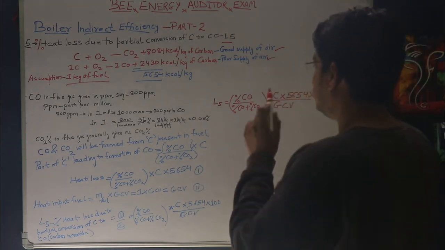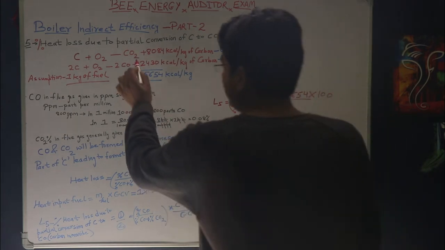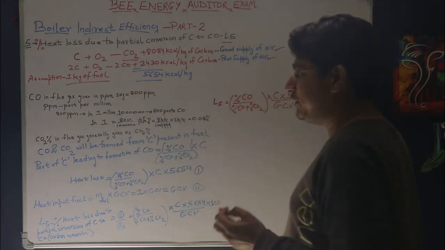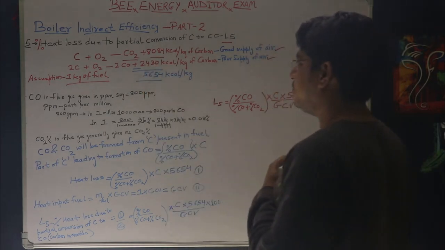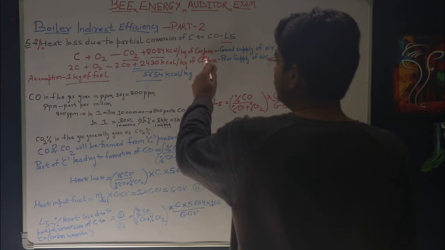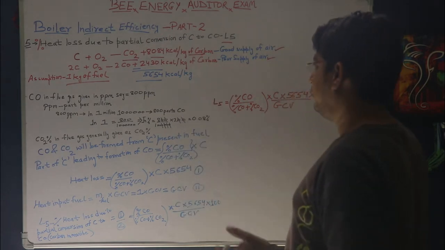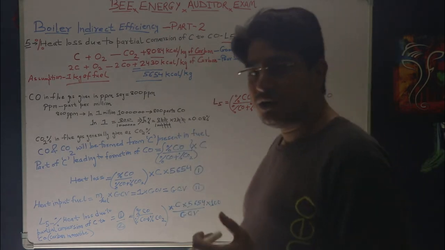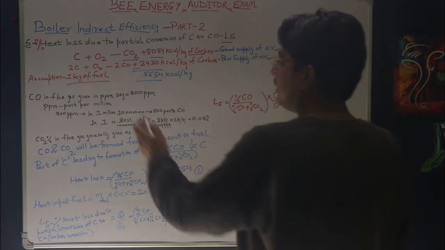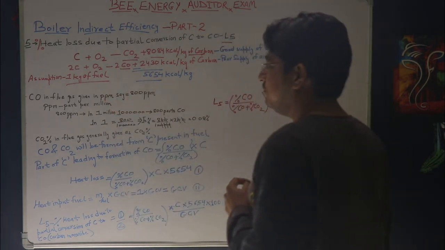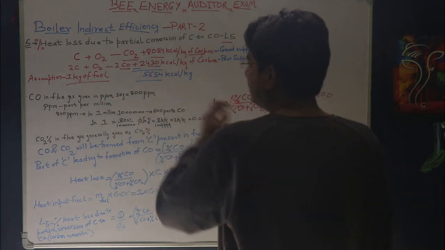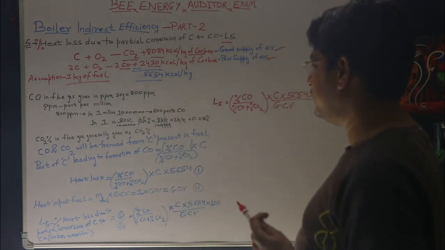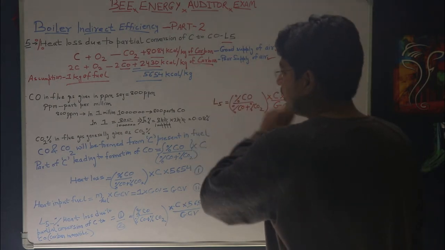In presence of good supply of air, carbon dioxide is getting produced along with the release of 8084 kilocalorie of heat energy per kg of carbon. But when the supply of air is not sufficient, then carbon monoxide will be produced along with generation of 2430 kilocalorie of heat energy per kg of carbon.